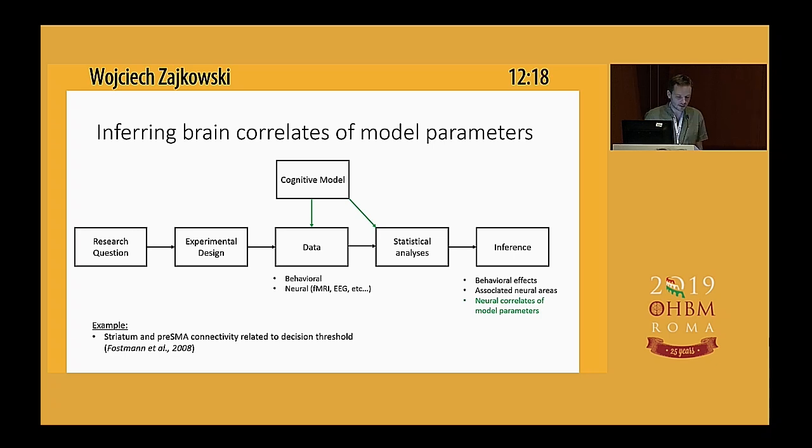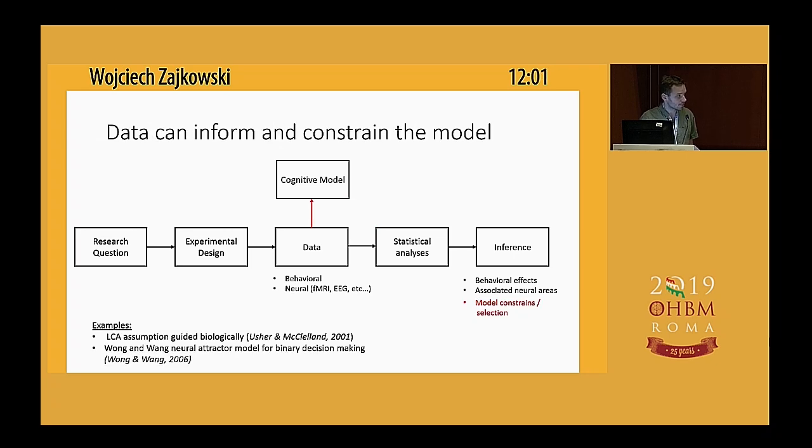However, this is not the only type of analysis and inference we can make based on neural data. We can also use models in the opposite way, where we constrain the cognitive models by our data. Basically, this means that we can use the neural data to make better models. We can use the neural data to constrain the models, and we can do it on different levels of stringency, so to speak.